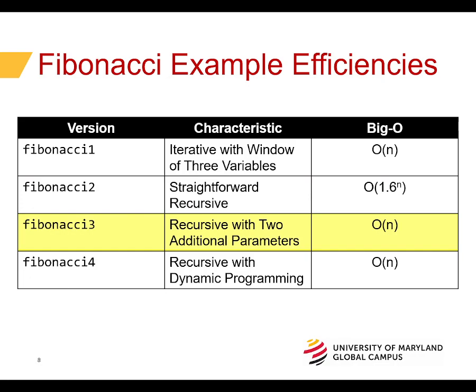To illustrate that not all recursive implementations are inefficient, we have included 2 more versions. We will forego a detailed line-by-line explanation, but we encourage you to study the code provided. Instead, we briefly explain how these implementations differ. The Fibonacci 3 version consists of 2 methods of the same name.